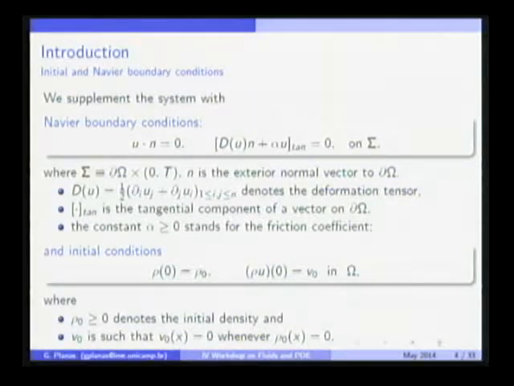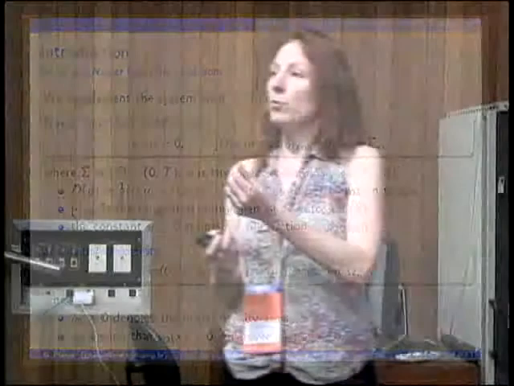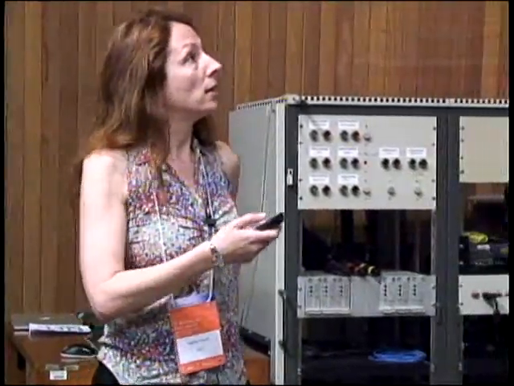D(u) is the deformation tensor. In fact, it's the symmetric part of the gradient, and it's applied to the normal to the boundary. And here we have the coefficient alpha, which is non-negative, which measures the tendency of the fluid to slip on the boundary. This is the meaning of the constant.